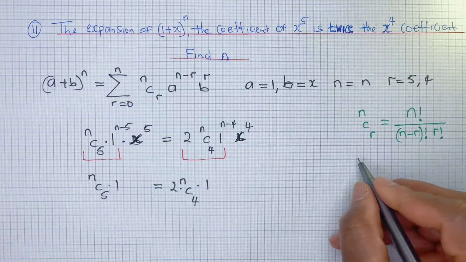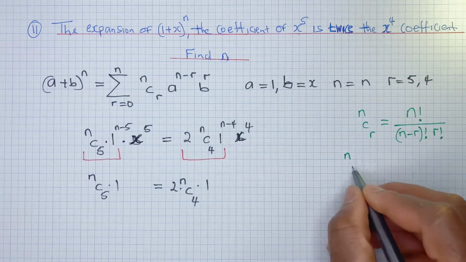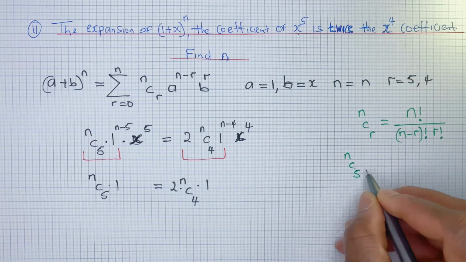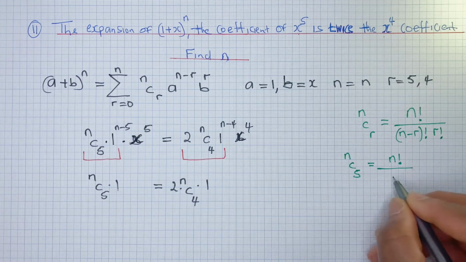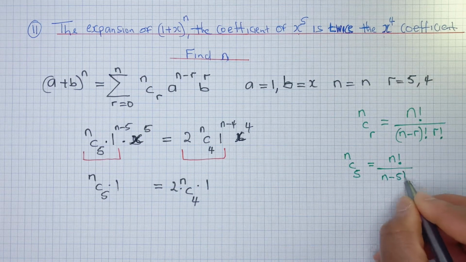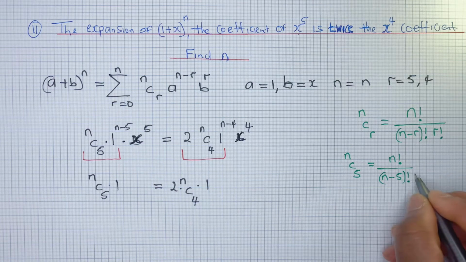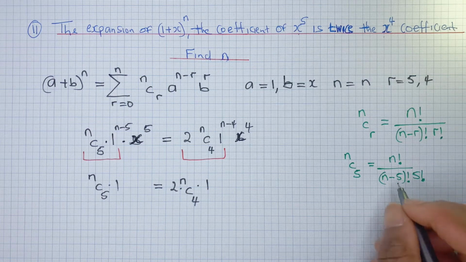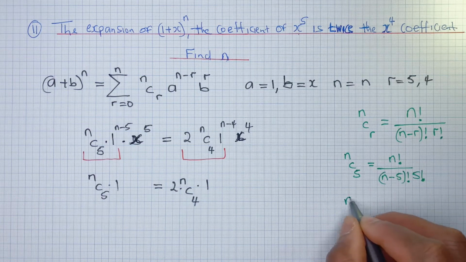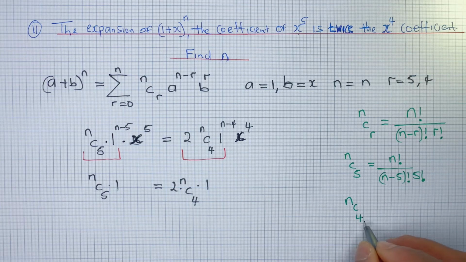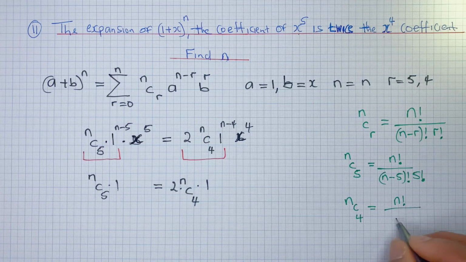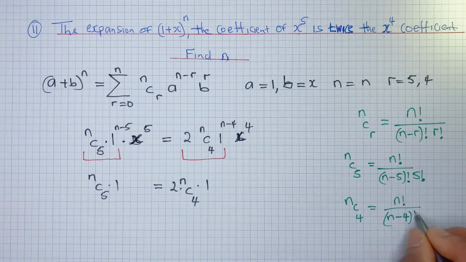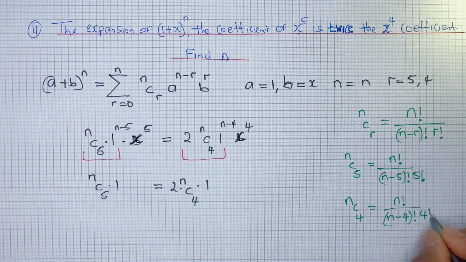So if I'm writing n combination 5, it will be n factorial over n minus 5 factorial 5 factorial. Likewise, n combination 4 would be n factorial over n minus 4 factorial 4 factorial.